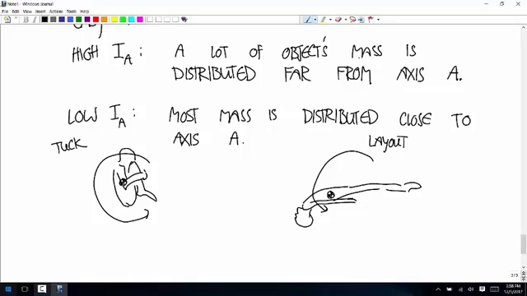In this one, the person's spreading the mass out almost as far as possible from the center of mass, and so the mass moment of inertia here is high. So it's easy to get this rotating and hard to get this rotating. The effect is that this is going to rotate a lot more slowly, so you have to get a lot higher up in the air to do two flips that way than to do two flips this way.